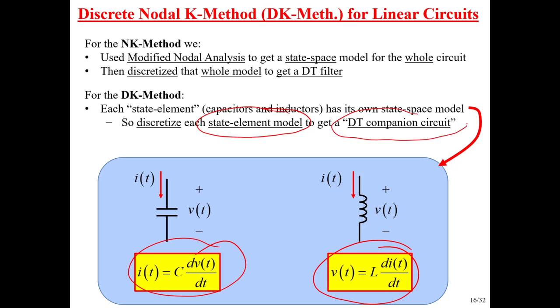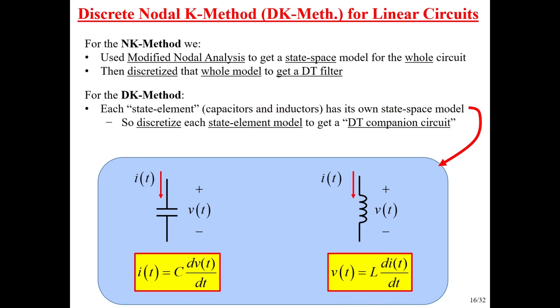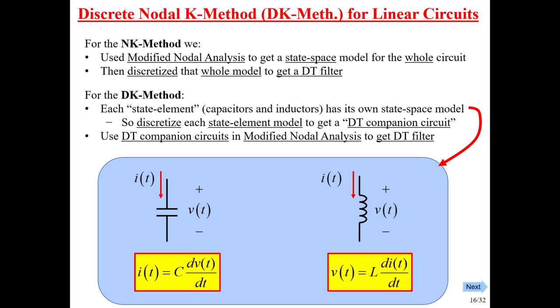And we'll end up with a discrete time companion circuit, an equivalent circuit that we can plug in, and it will basically allow us to take a continuous time circuit with resistors, capacitors, inductors, and transformers, if you wanted to include that, and convert it into an equivalent discrete time, quote unquote, circuit that we can then analyze to get a solution for our discrete time model. And so that's what we're going to do.